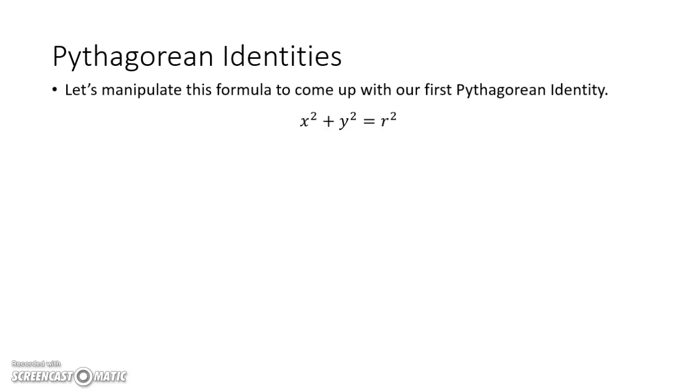The first one, we're going to start with our x squared plus y squared equals r squared, which we just got using the Pythagorean theorem. And we're going to divide all three terms by r squared. It follows our rule of what you do to one side, you do to the other. And what happens is x squared over r squared, we just break down to x over r squared, y squared over r squared is y over r squared, and then r squared over r squared is 1.